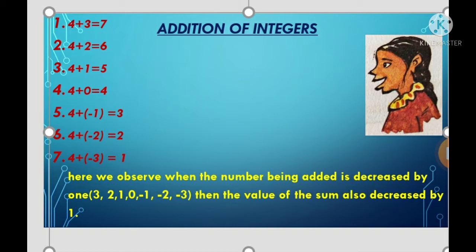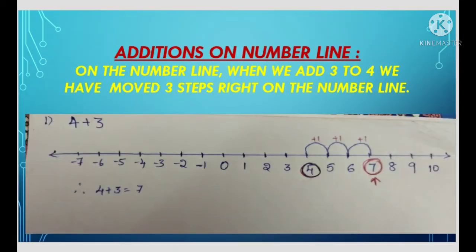First of all, we draw a number line, mark it with equal distances and enter the integers on the number line. So here, 4 plus 3. Now the question is how to solve 4 plus 3 on the number line. When we add 3 to 4, we move 3 steps right on the number line.